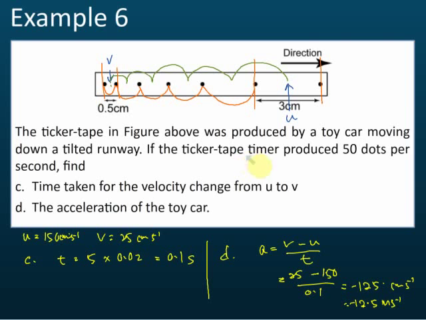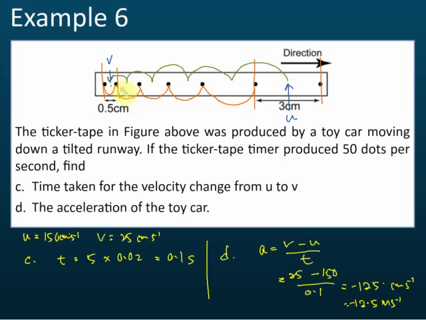To find acceleration, we use this formula, A equals V minus U over T. We can find U and V easily. The problem is the T. So for acceleration, if you are asked to find the time, you must be very, very careful, because it's different from finding velocity.